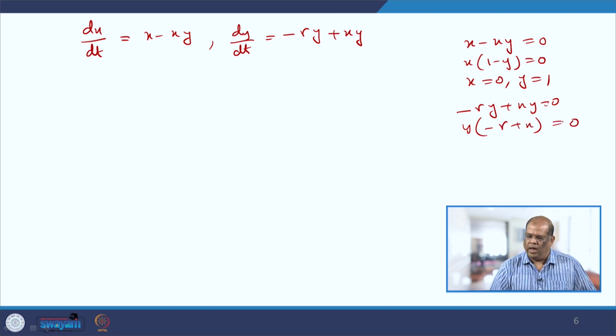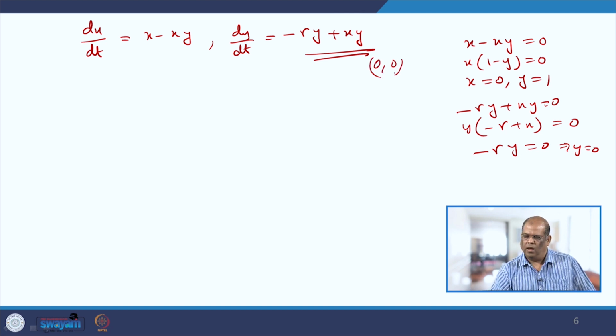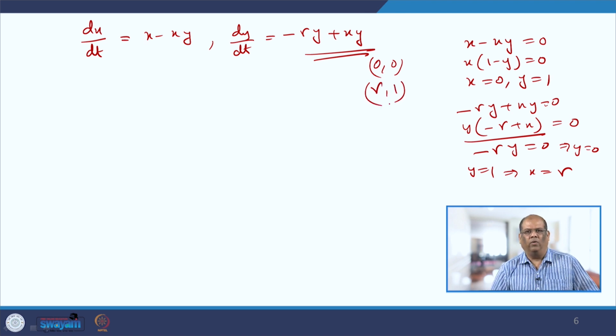If I put x equal to 0 here, I am left with the term minus gamma y equal to 0, and since gamma is not equal to 0, this implies y equal to 0. So, one of the equilibrium points is (0,0). If I put y equal to 1 here, then I get x equal to gamma. So, (gamma, 1) is another equilibrium point.